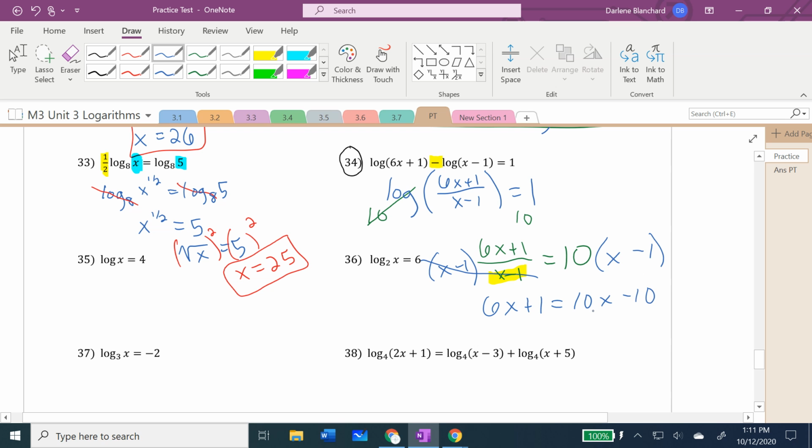And now I'm going to subtract 6x over to the right, and I'm going to add 10 over to the left, and I get 11/4. I need to check and make sure that it makes the original logarithms positive numbers. And just taking a moment to think about it, I can see it's all good to go. So that is the answer.